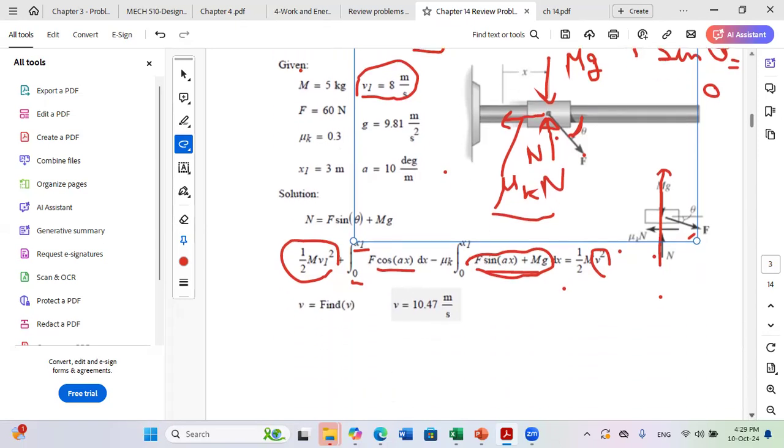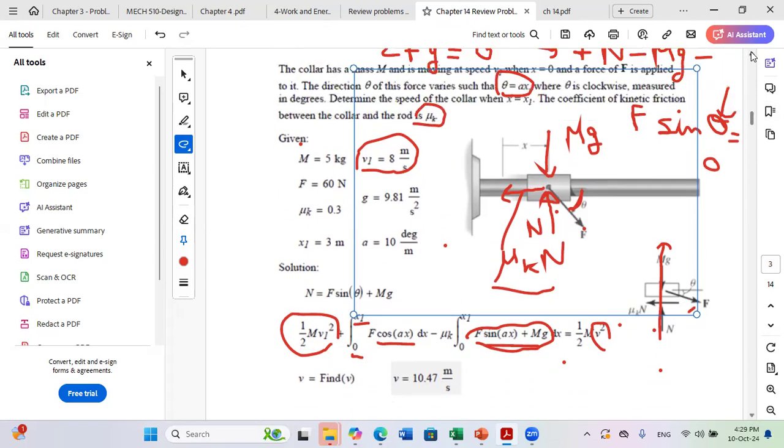Yes, can you please repeat how we came up with the work of the friction, please? Okay. By definition, how do you calculate the work of a force? The work of a force is the integral of F times cosine. I will use alpha here instead of theta because theta is already present. I will say N cosine alpha dx, okay?